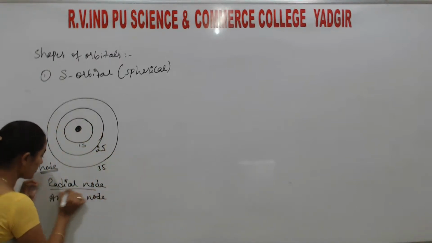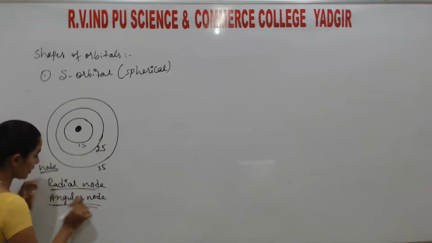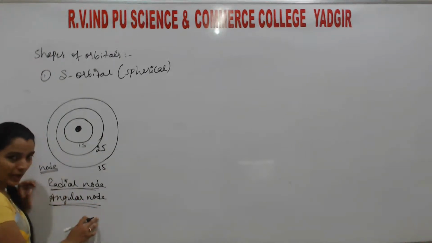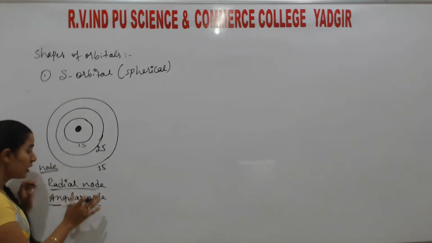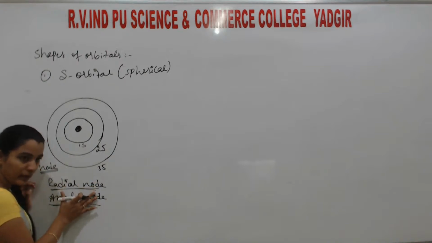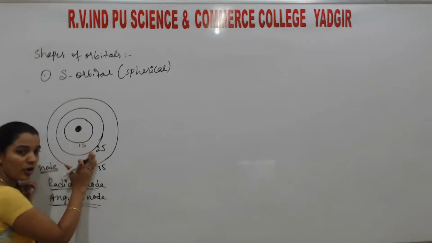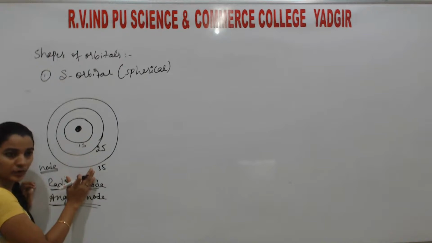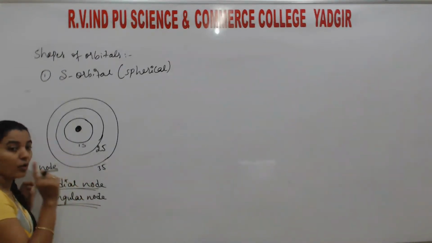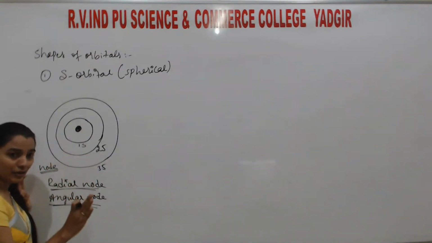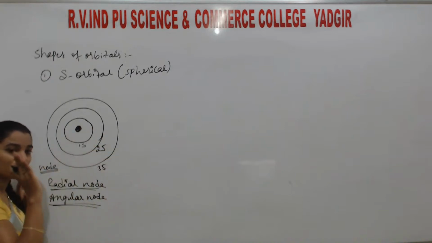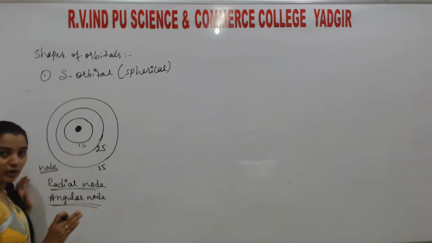Two types of nodes are there: one is radial, another one is angular. Initially I will explain radial, because the s block element, the s orbital, only has radial node, not angular.